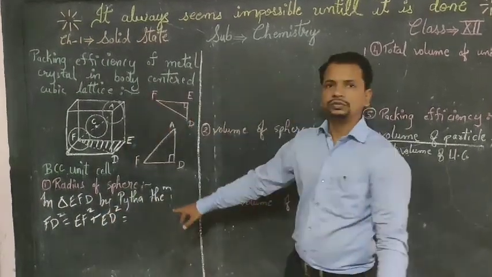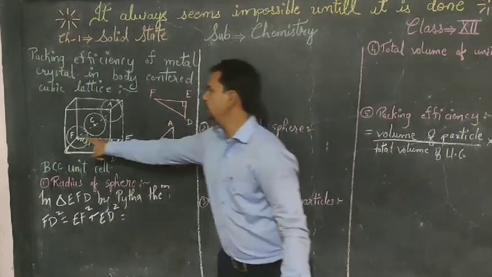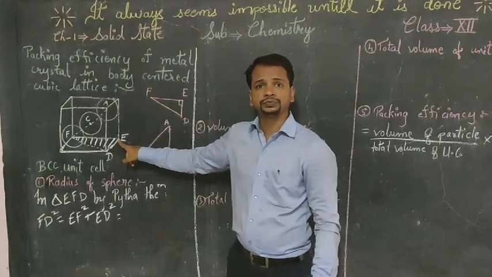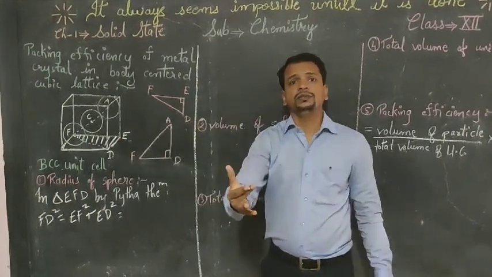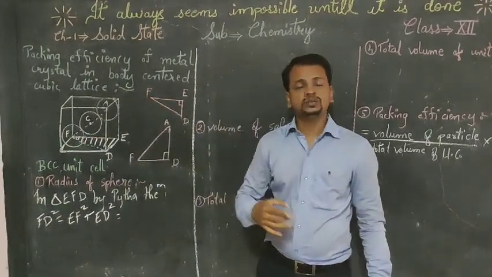Now we are going to replace the values of EF and ED. EF is one side of the cube, and earlier we gave the symbol A for the length of the side.